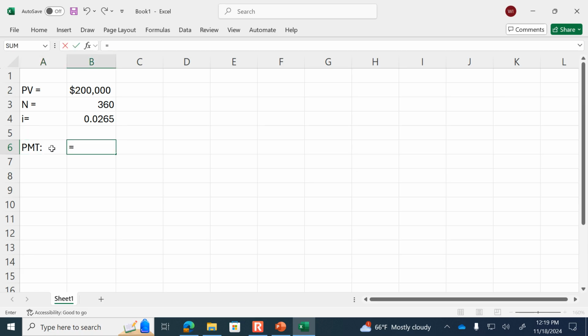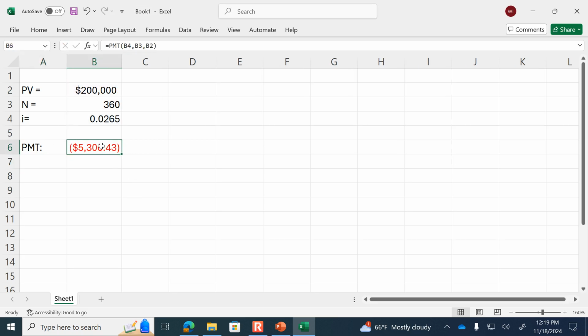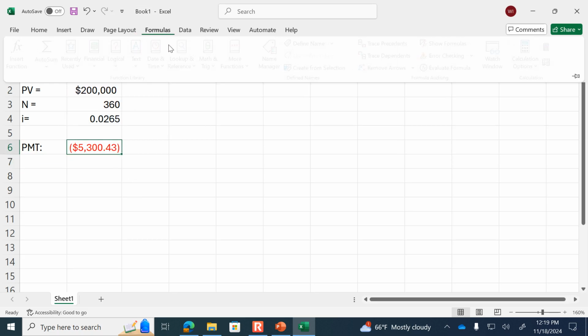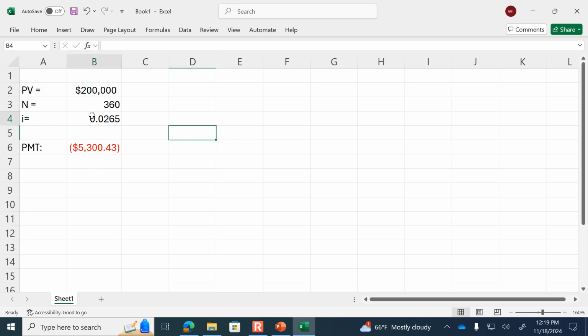So let's do the payment function, PMT, the rate, number of periods, and the present value. All right. That doesn't seem quite right. Oh, I need to know the interest rate per period. Okay. So this is the interest rate per year, but the interest rate per month is what I want to know.